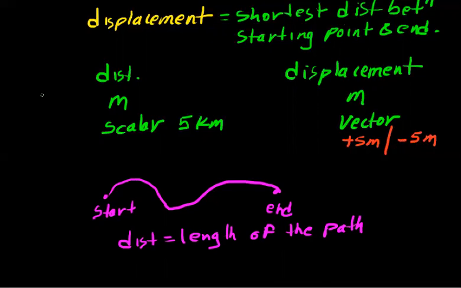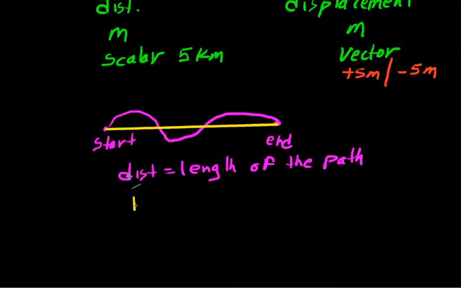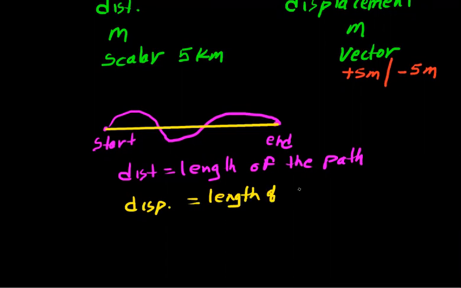And what is displacement? Displacement is the shortest distance between the starting and the ending point. So if you draw a straight line, here displacement equals the length of the yellow line.